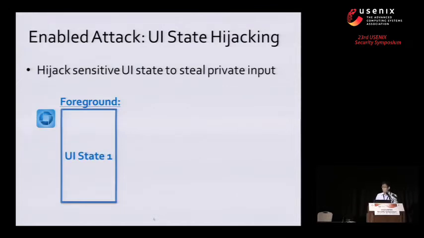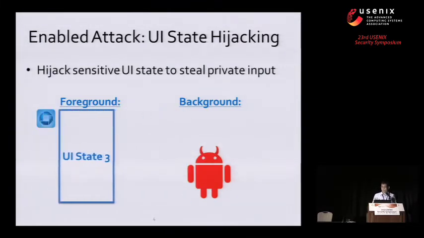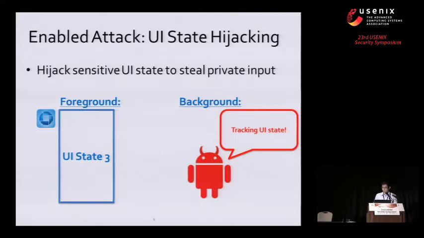In the foreground is the victim app, for example, the Chase banking app. In the background is the attacker, for example, Android malware. The user interacts with the app and triggers UI state transitions. The attacker is not just passively in the background listening, tracking the UI states, and waiting for the time. The time is when the login UI state shows up.